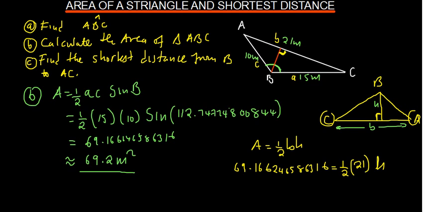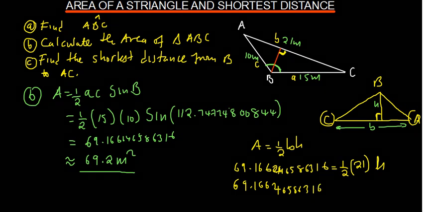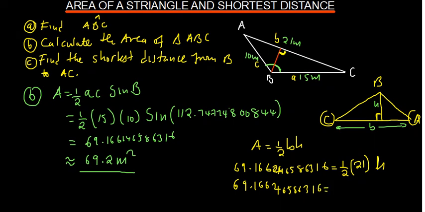Okay, so this is going to give us 69.1664. Actually, I didn't write it well. There's no 2 there, there's just a 4. 69.16646586316, and that is going to be equal to 21 divided by 2. We know that 2 can go into 20 10 times, that is going to be 10.5 h.